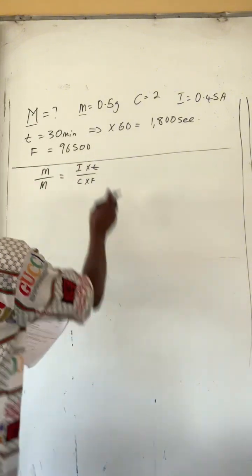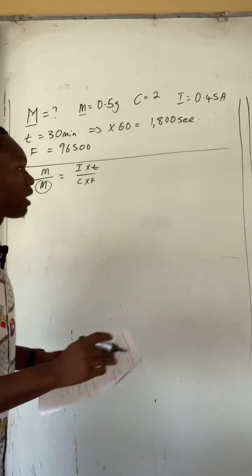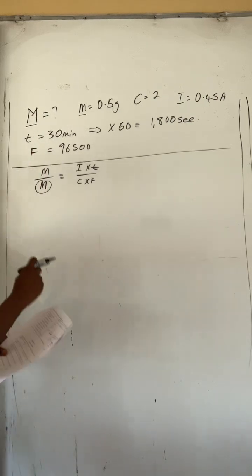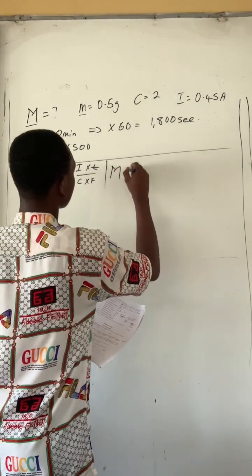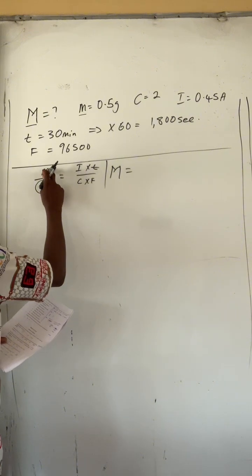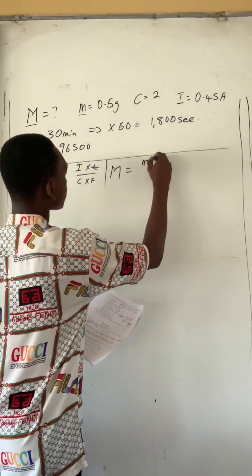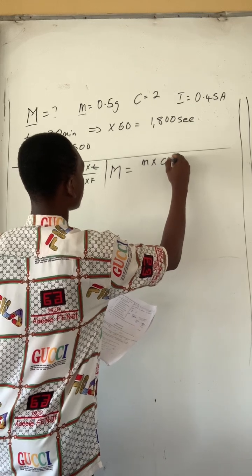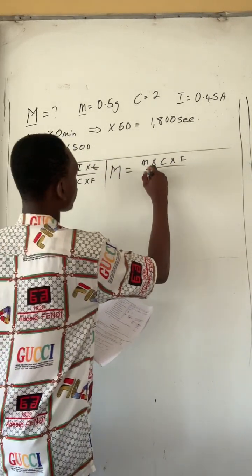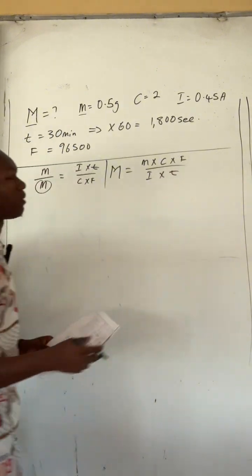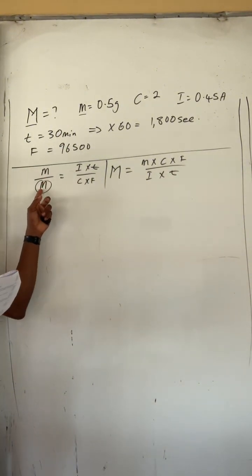Now, if we rearrange this formula to make big M the subject, because that is what we're asked to find, then the formula simply will be M equals, cross multiplying, the mass times the charge times Faraday's constant, all over the current times the time. So we have made big M, the molar mass, the subject of the formula.